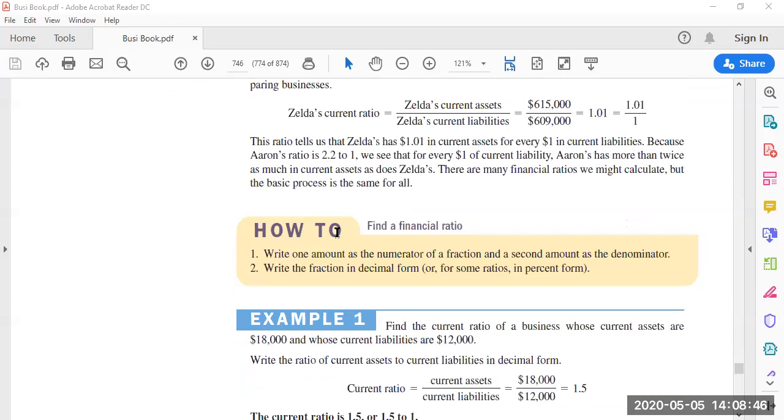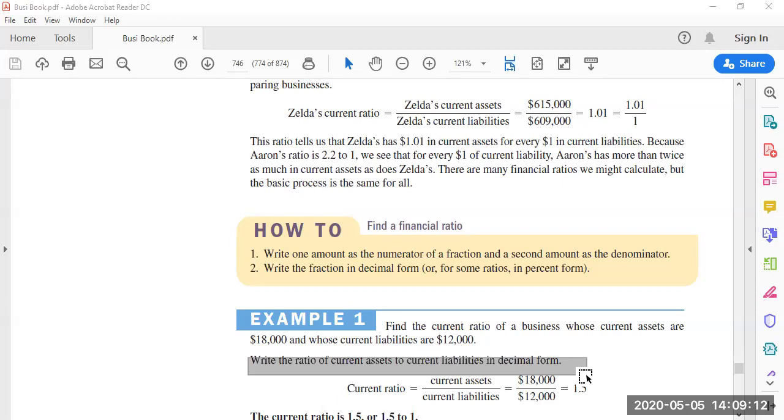If we say it that way, current assets to current liabilities, then the first item is what we'll use in the numerator. The second item is what we would use in the denominator. So if we look here at this statement, write the ratio of current assets to current liabilities.